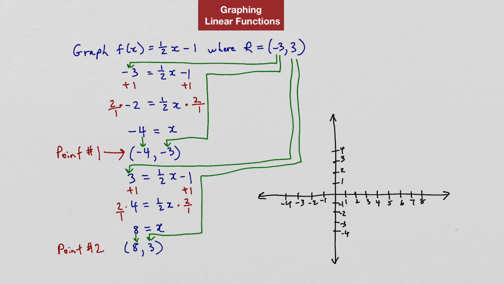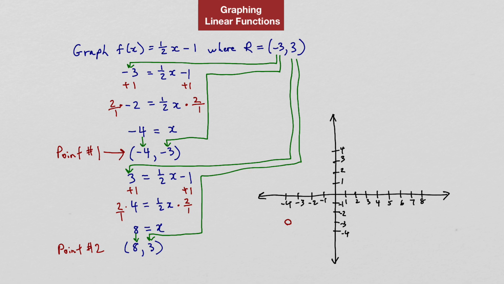So now let's go ahead and graph those 2 points. Okay, so our first point is -4, -3, and we should also recognize that this first -3 is preceded by a parenthesis, so this is going to be an open circle. And while we're here, the second point is also going to be an open circle because this 3 is followed by a parenthesis. So the first point is -4, -3, and that's going to go right here with an open circle.